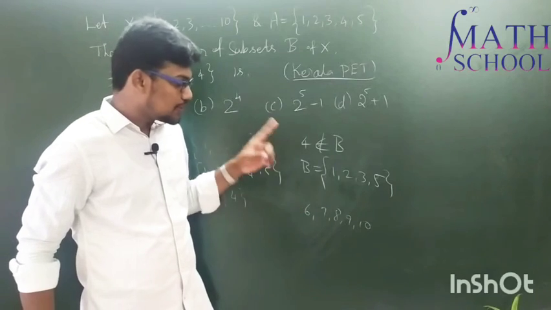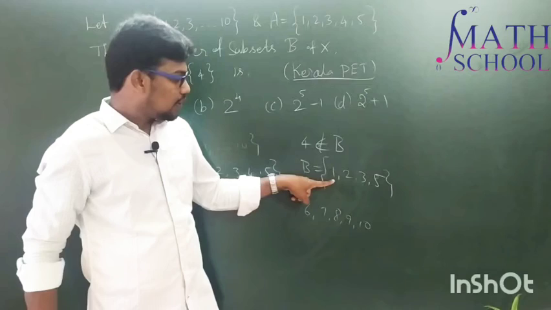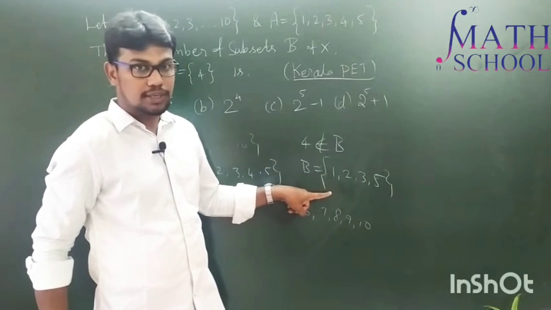Actually, we have discussed this earlier. See, 6 can be present in B or not present in B, right?